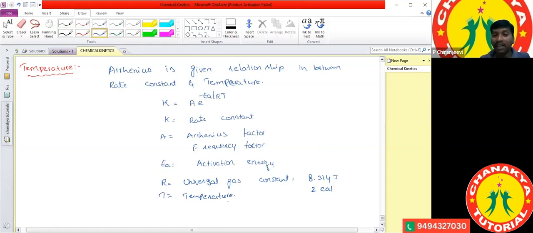So this is the equation that represents the Arrhenius equation. It gives the relationship between the temperature and the rate constant.